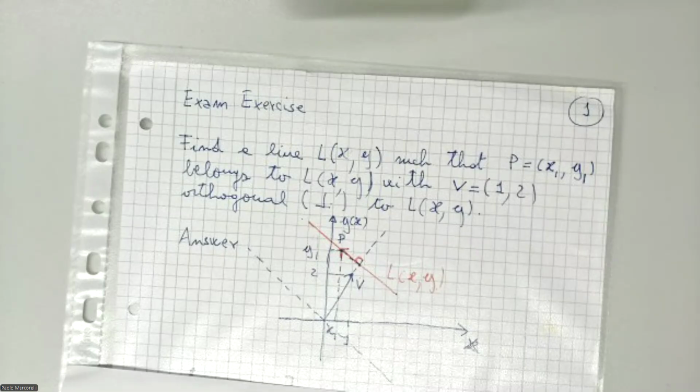We have the vector V, 1, 2: x equals 1, y equals 2. This is the vector, as we have seen until now, and it gives the direction. This direction here should be orthogonal to our set of points, the line.